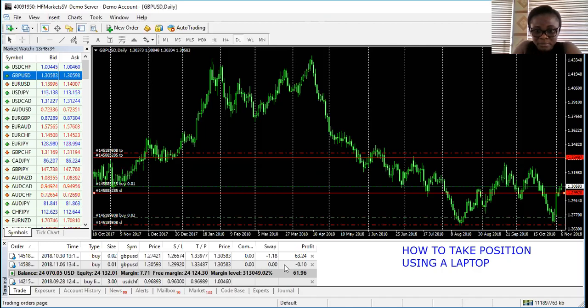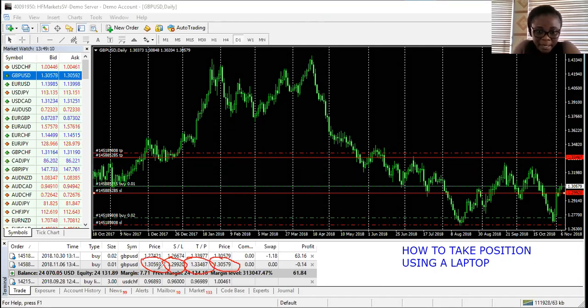Right now the trade shows a negative of minus 0.16. My stop loss is here, my take profit is here, this was my entry price, and this is the current price. Anytime the actual price goes above my entry price, I'll start making some money.